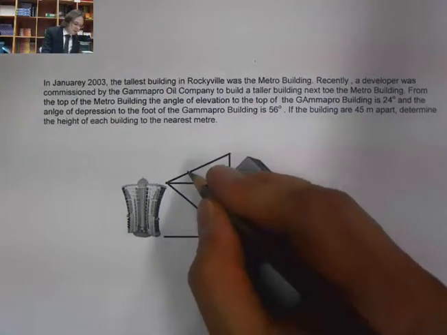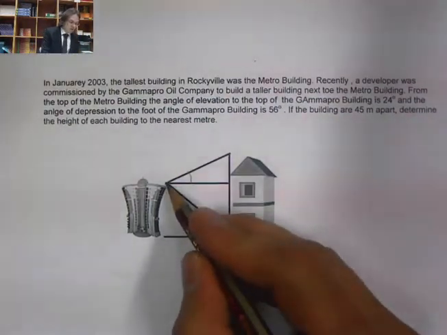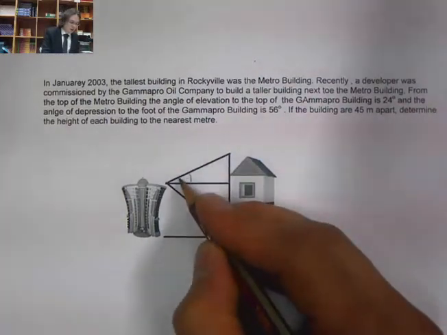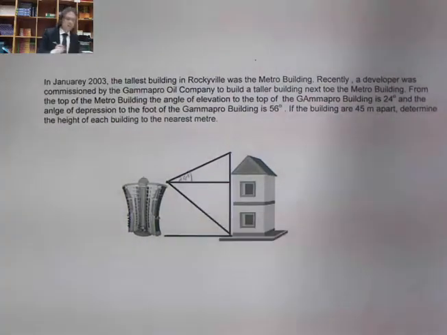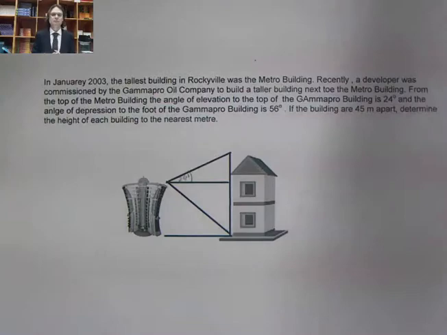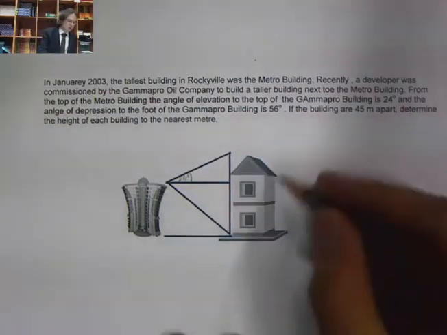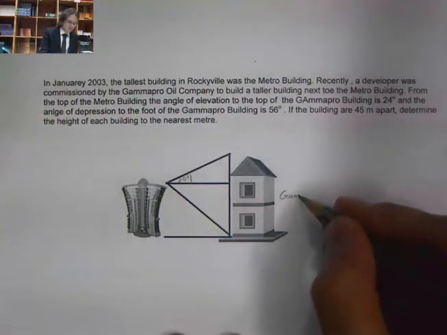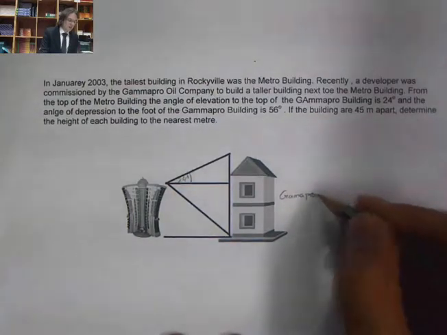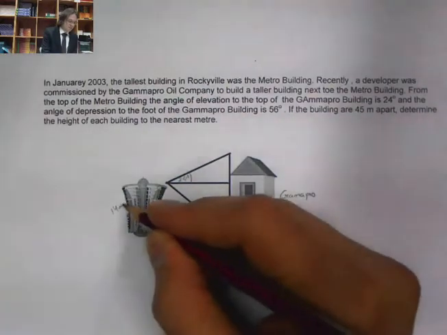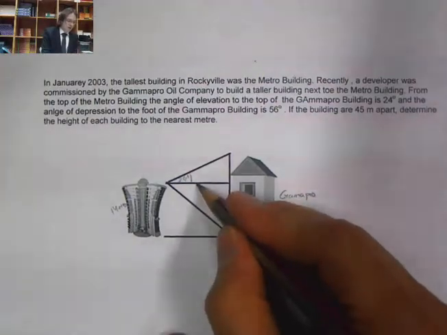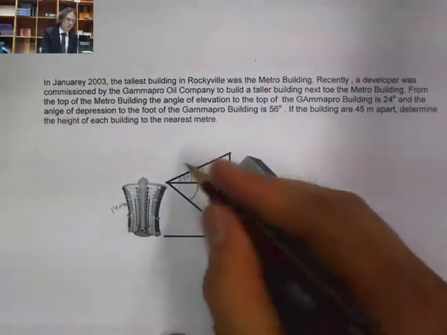So right here, my angle of elevation, so we go from straight across up, is going to be 24 degrees. Okay? And the angle of depression to the foot of the GammaPro is 56. So this must be my GammaPro, and this is my Metro. Okay? So the angle of depression here is going to be 56.